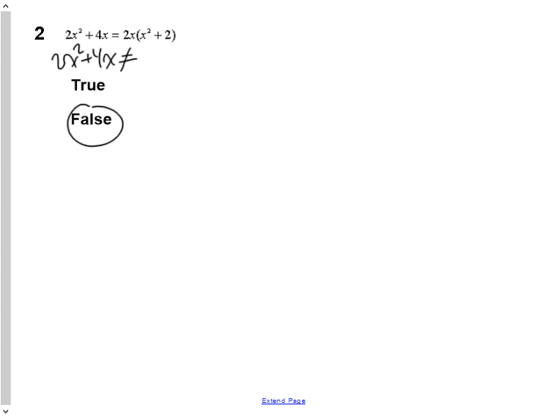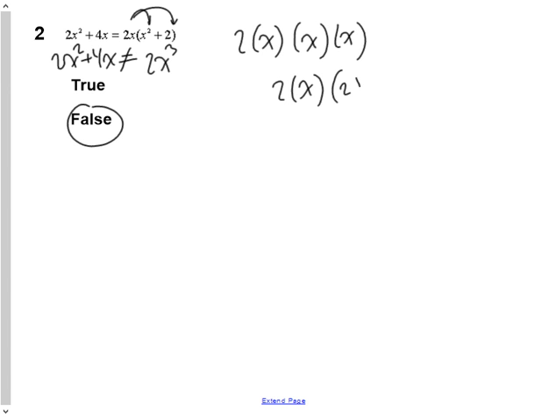But when I expand the other side using the distributive property, 2x, which is 2 times x, multiplied by x squared, which is x times x, is actually 2x cubed, not 2x squared. And 2x multiplied by 2 is actually 4x. So 2x squared plus 4x does not equal 2x cubed plus 4x, and therefore it's false.